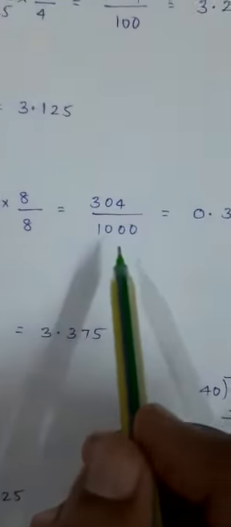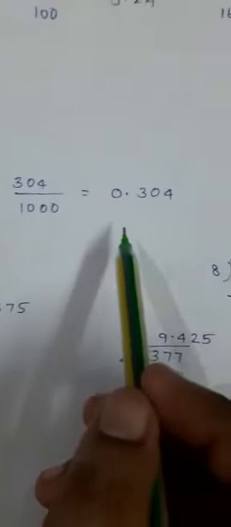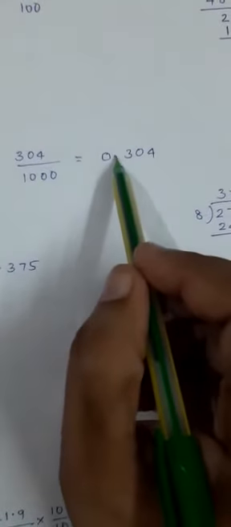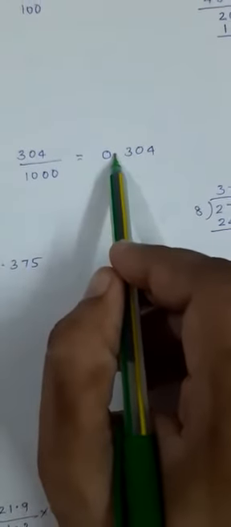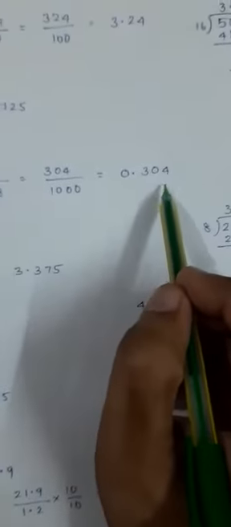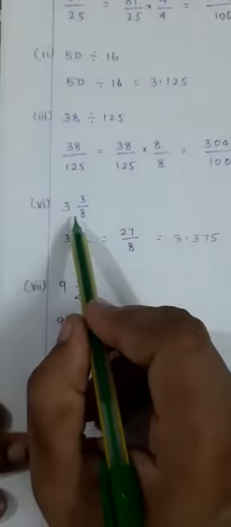Dividing a number by 1000 means put a decimal point 3 places from the right. So this is 304, 1, 2, 3. Put a decimal point here. So the answer is 0.304.